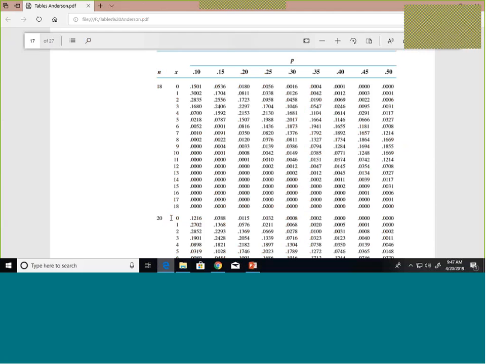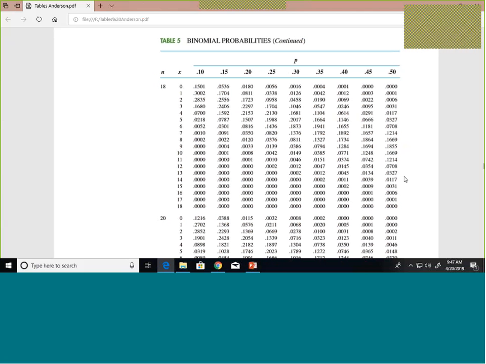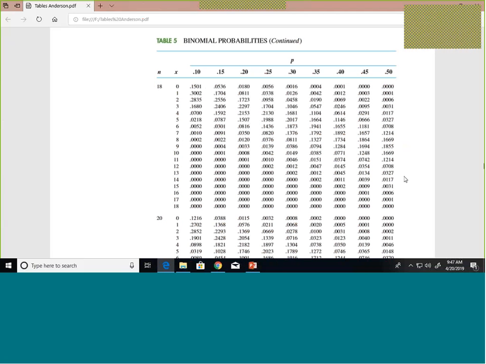So here you see 14 is 0.0117. These 4 you have to add. 0.0117 is 14, then 31, then 6, then 1. If you add them, how much are you getting? 1 plus 6, 7, 31 plus 6, 37, 0154.